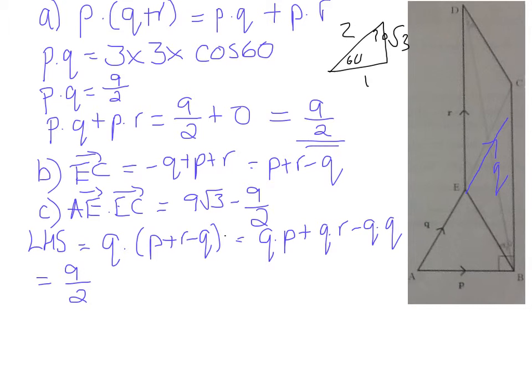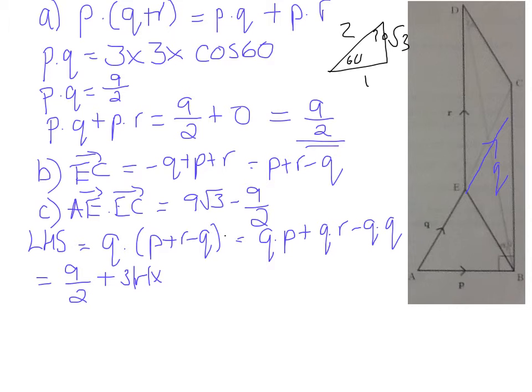So this is 150. If I shift this line up, the angle that we're now actually talking about is 30 degrees. So Q dot R is going to be magnitude of Q, which is 3, times the magnitude of R, which we don't know, times the cos of 30 degrees.